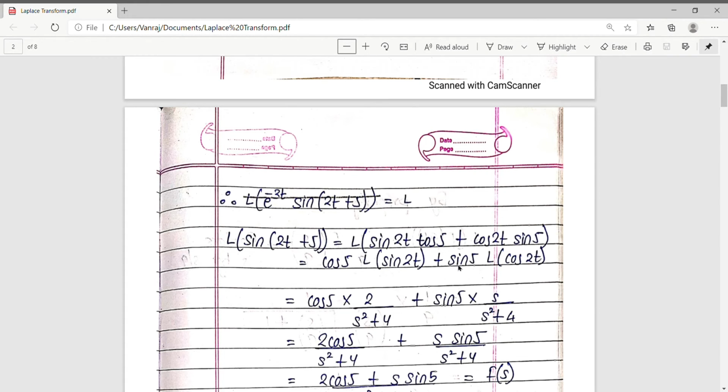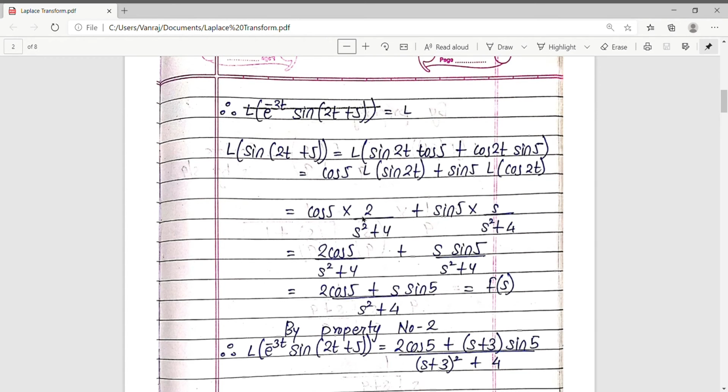So now cos 5 into, we also know the formula of Laplace transform of sine at, which is a upon s square plus a square. So a is 2, that's why 2 upon s square plus 2 square, which is 4. And we also know the formula of Laplace transform of cos at, which is s upon s square plus a square.